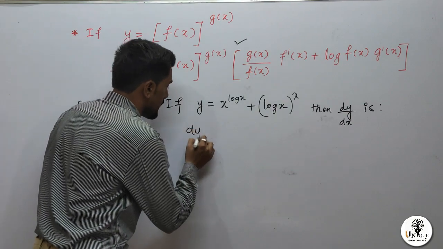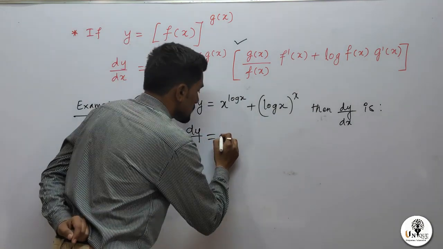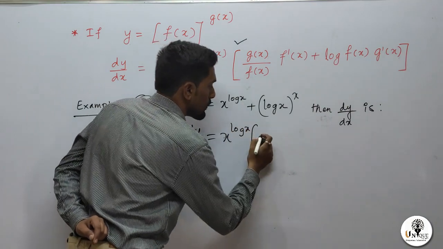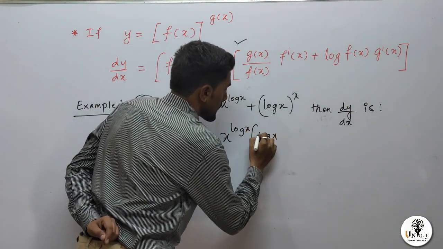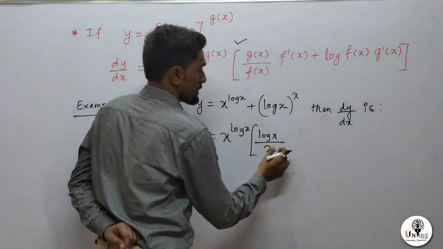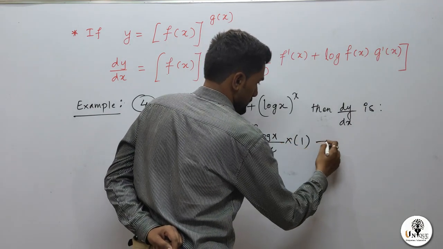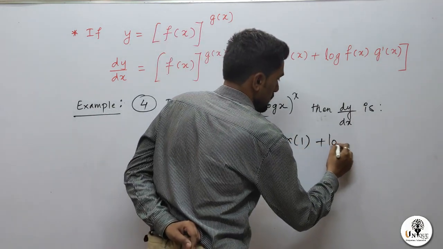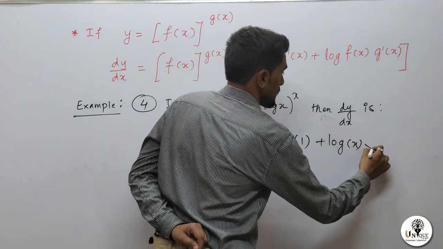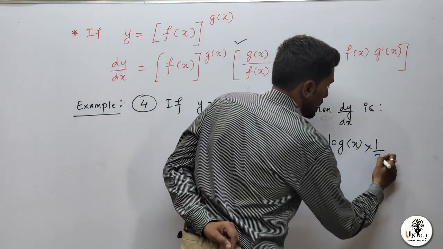So if I differentiate, what you will get, dy by dx is equal to x raised to log x into the power, that is log x divided by the base, into f dash of x. F dash of x is equal to 1. Next, plus log of f of x. F of x is x, into g dash of x, that is 1 divided by x.